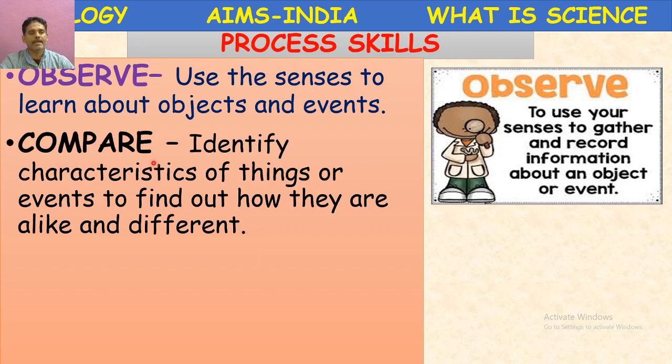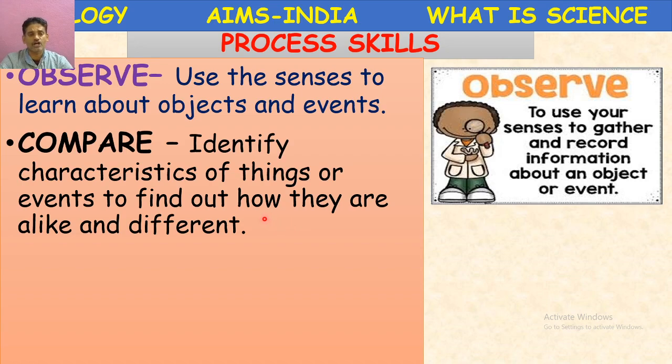Next, compare. Another important process skill. Identify characteristics of things or events to find out how they are alike and different. You will know the difference only when you compare whether they are similar.